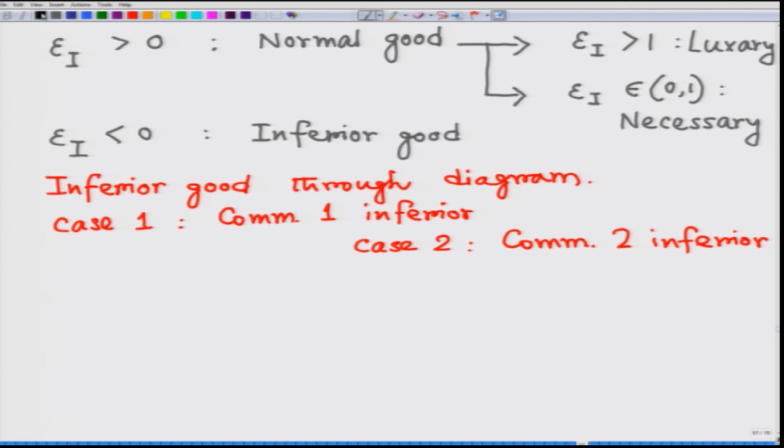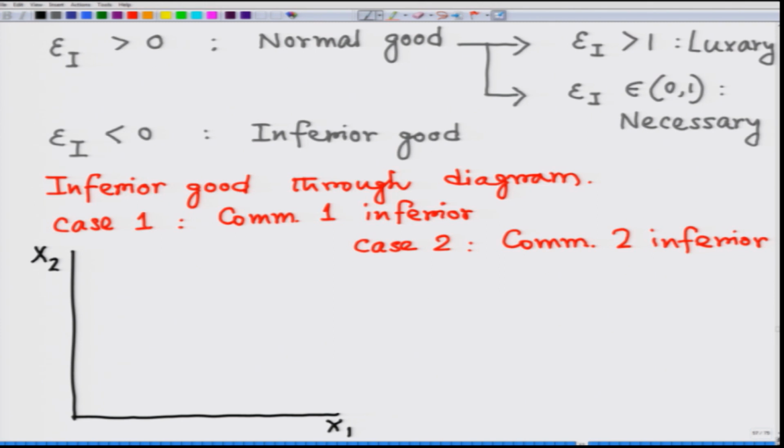Now, let us look at a diagram. So, if commodity 1 is inferior, that means that after some level of consumption of commodity 1, the consumer thinks that the good is inferior, and with respect to increase in income, he or she decides to consume less of that commodity.